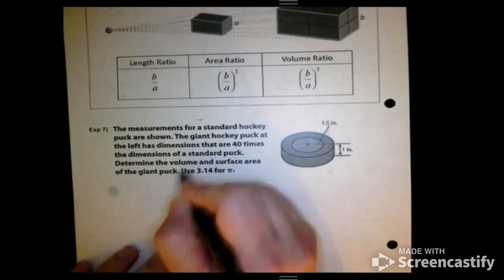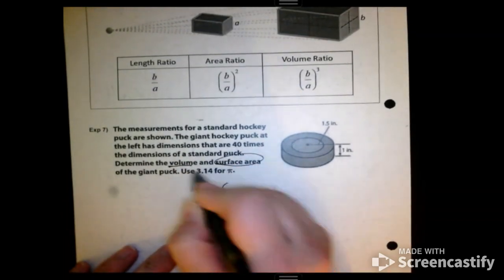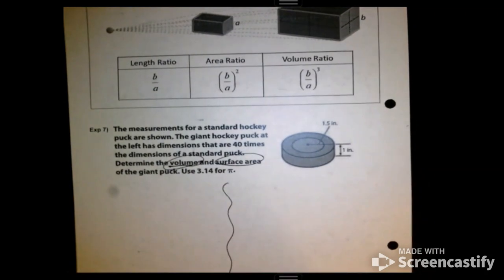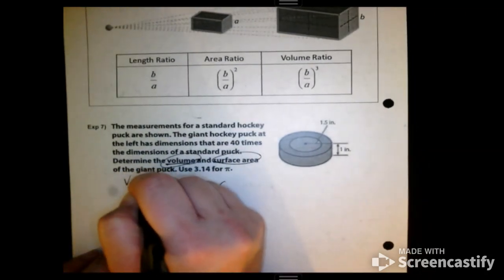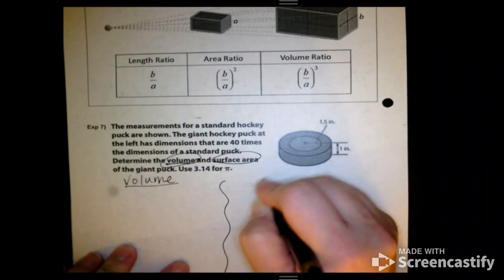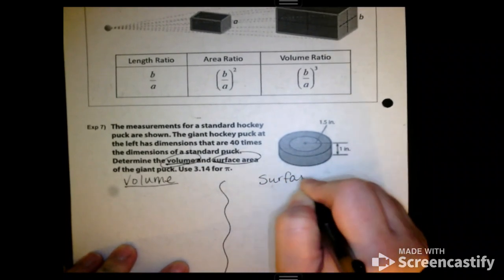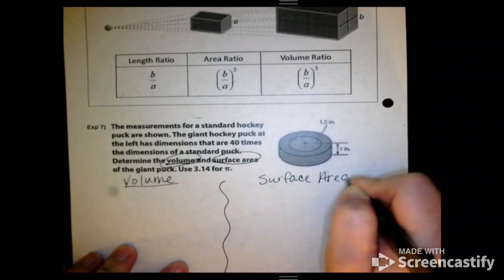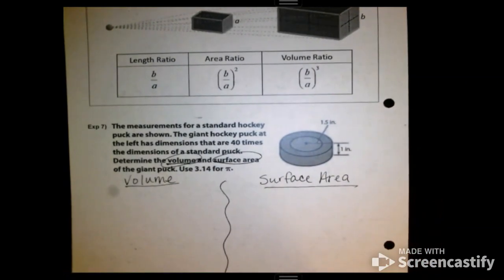The measurement for a standard hockey puck. Volume and surface area. Okay, so I'm going to do a side for volume over here and surface area over here. So it gives us the measurement of a standard hockey puck, and then it says a giant hockey puck at the left has dimensions that are 40 times the dimensions of a standard puck.